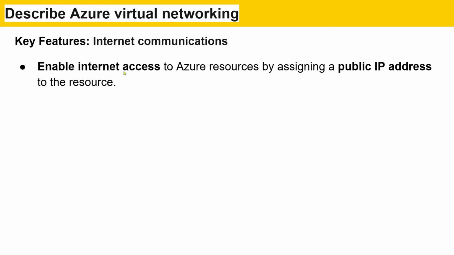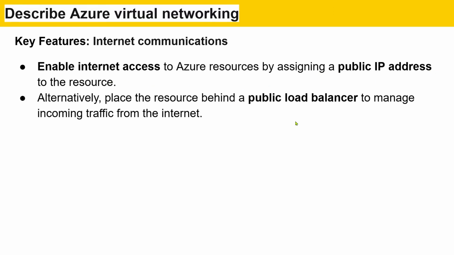So you can enable internet access if your application is, for example, a public application like Facebook, Google, or any application which is public. The public is supposed to use it, for example. Enable internet access to Azure resources by assigning a public IP address to the resource.